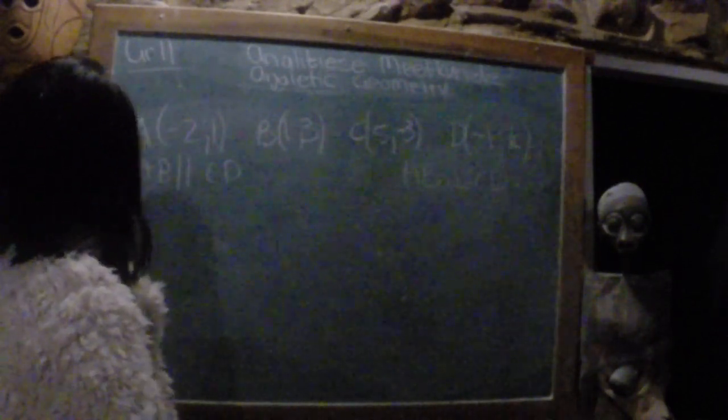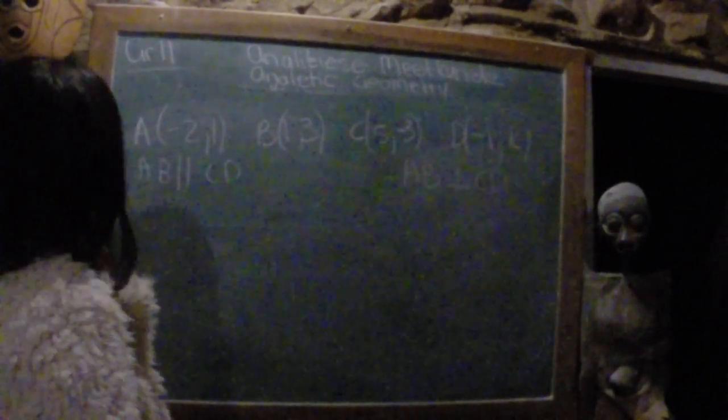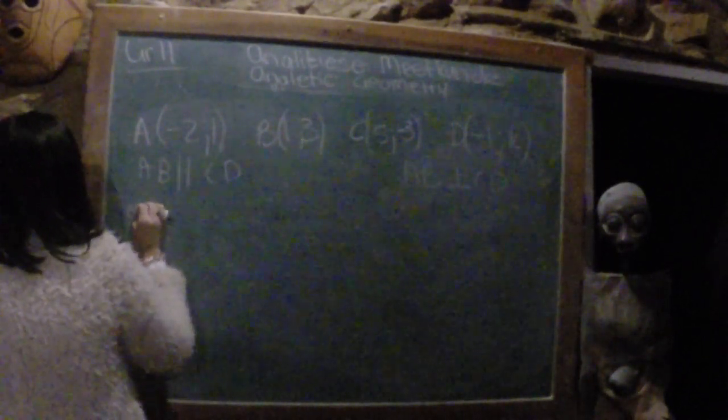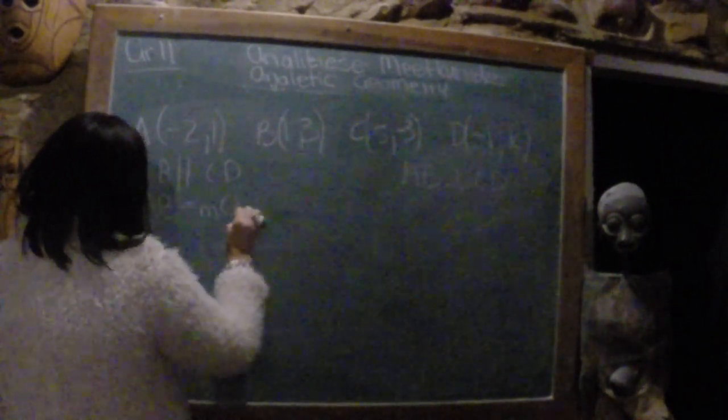So if you know your learning work, then you'll know that if AB is parallel to CD, the gradients must be equal. Our gradients must be the same if they are parallel.